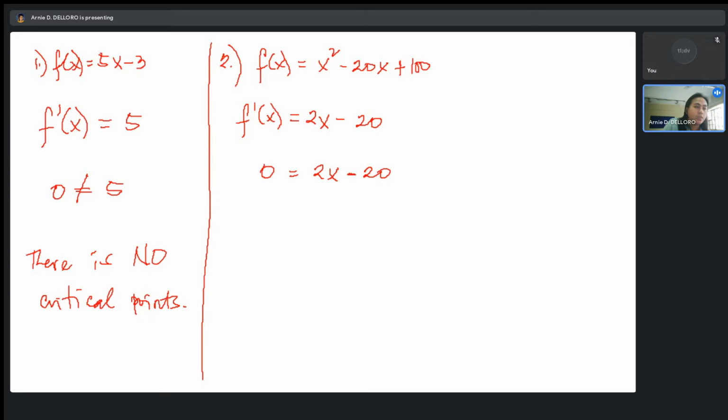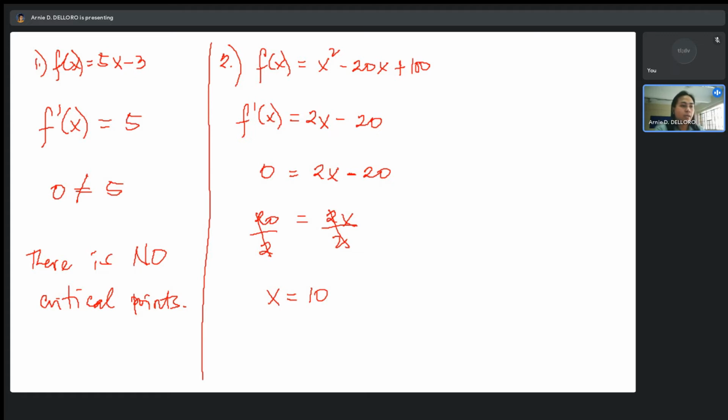So since merong constant, pwede nating ilipat yung constant sa kabilang side ng equation. So this will become 20 equals to 2x. Dividing both sides by 2, since we are solving for x, so this will be x equals 10.